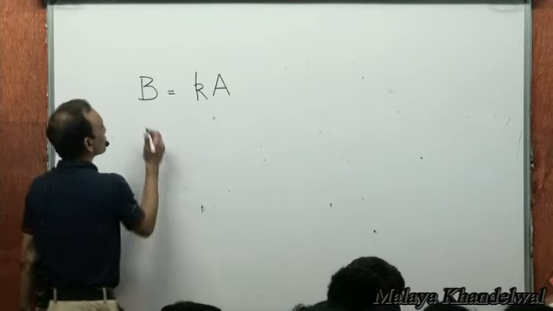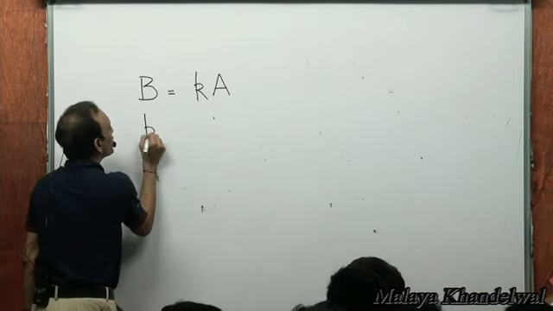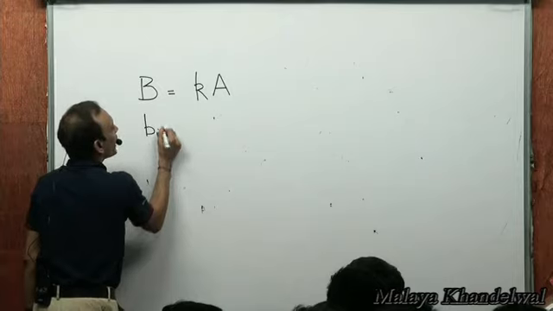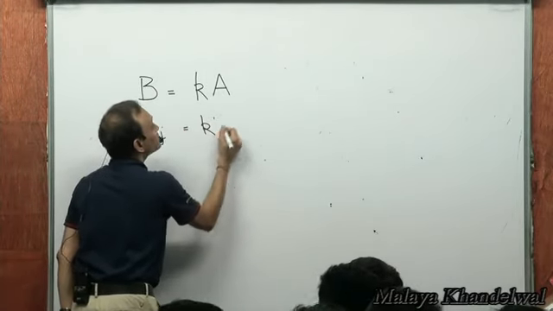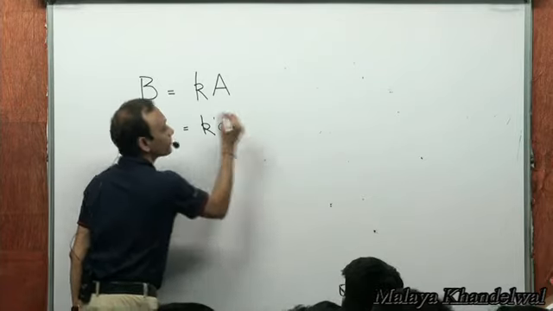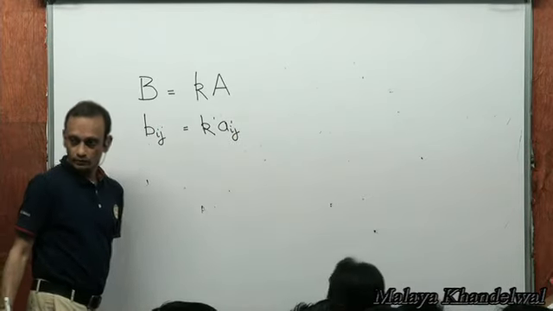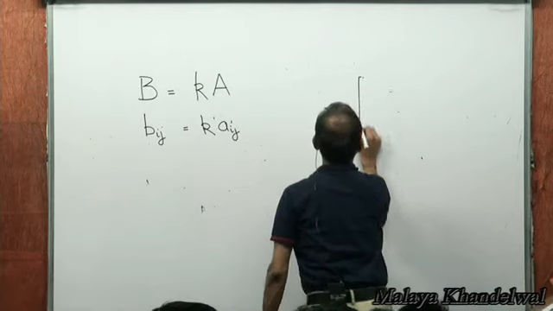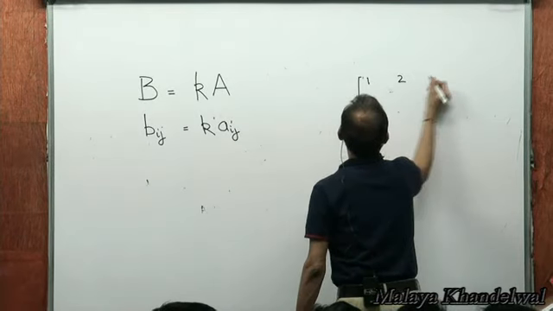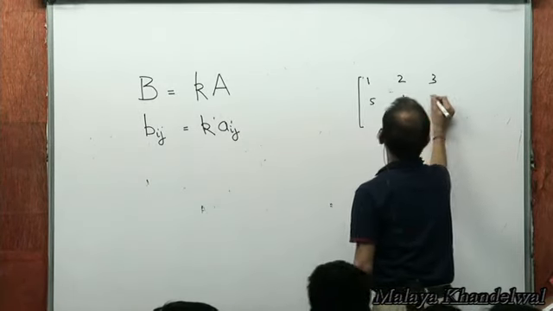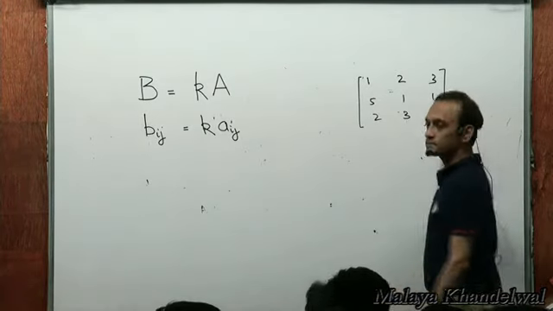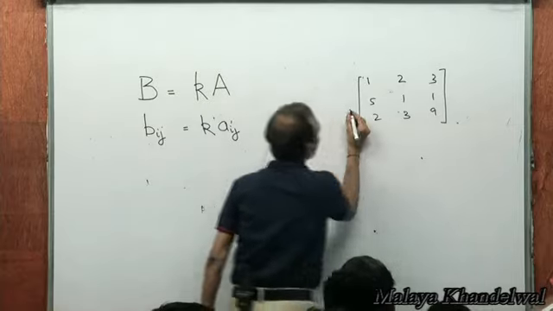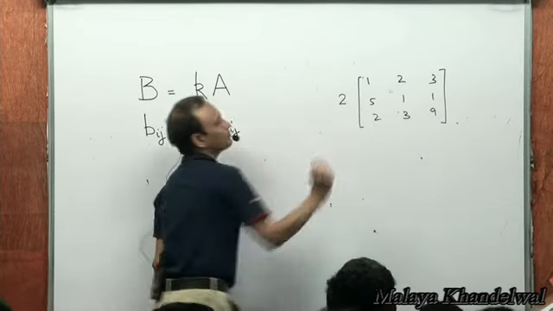And the ijth element of B would be k times the ijth element of A. Which means, say if I have a matrix 1 2 3, 5 1 1, 2 3 9, and I have to multiply this matrix with 2, for example.